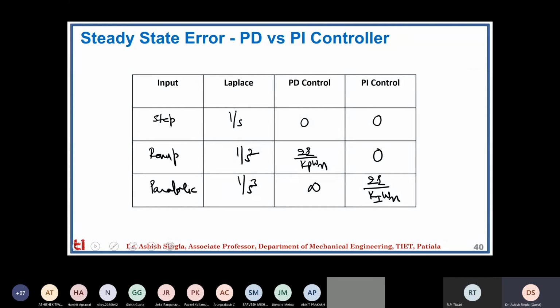This is the crux of all three, where you can clearly see that with the PI controller this error goes to 0 over here, and this infinite error will go to a finite value. So if we have to deal with the steady state error, we must include the integral control action.